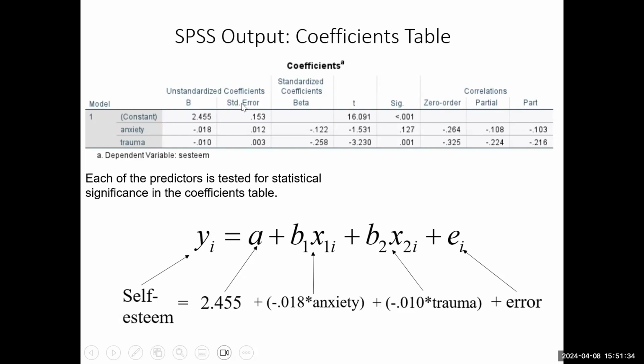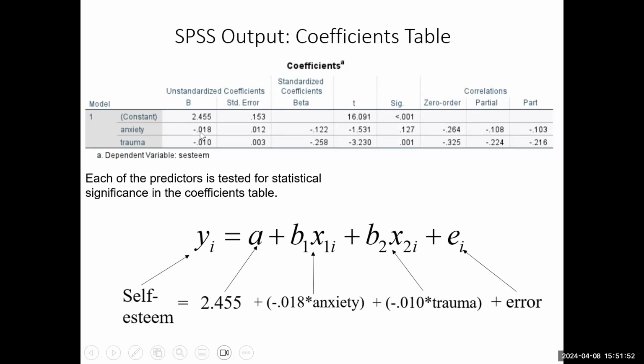Okay, and then our next column over gives us the standardized regression coefficients. These are often referred to as standardized betas. Next we see we've got t statistics here.